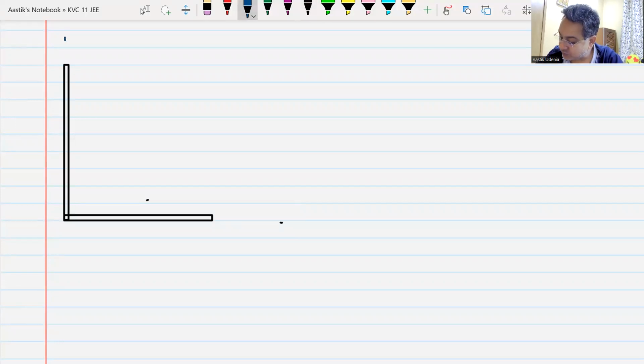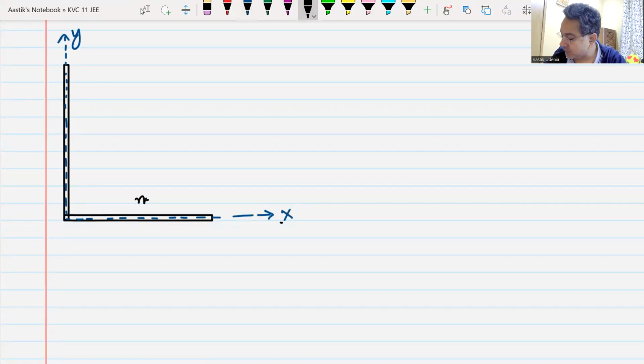These are two rods, each of mass m and length L. This is the x-axis, this is the y-axis.